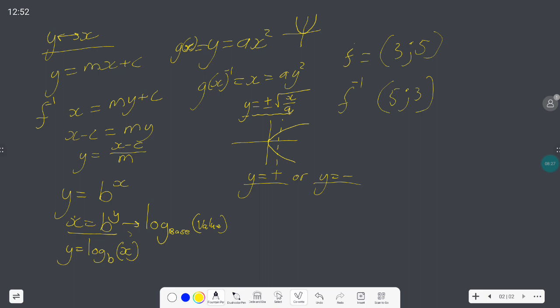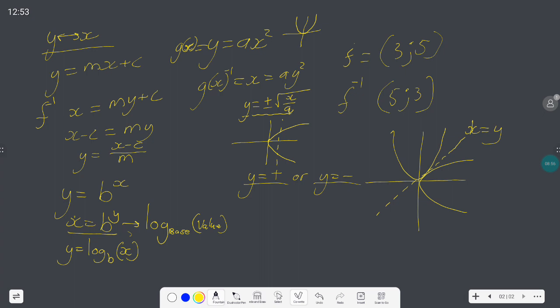Now, for those of you that will be keen-eyed with the graphs, you will see that this is the line of x equals y, and this is also the line where everything reflects. So, for example, my parabola that used to be here, it flips over and lies there.